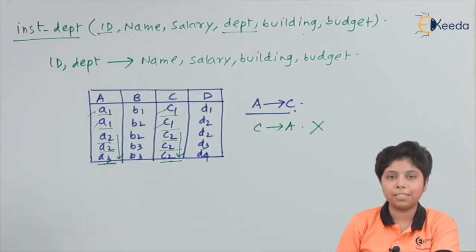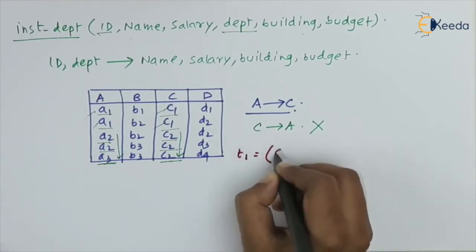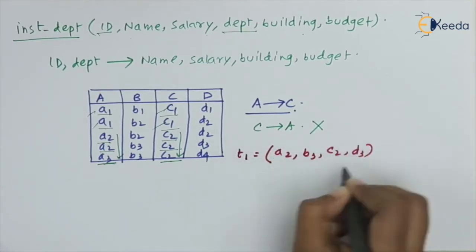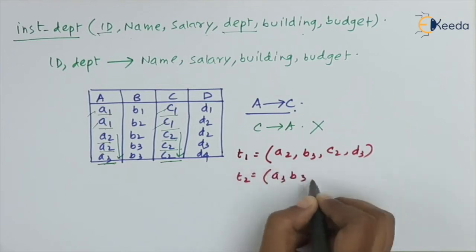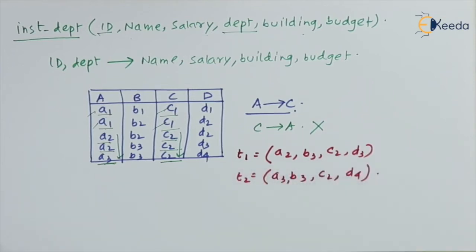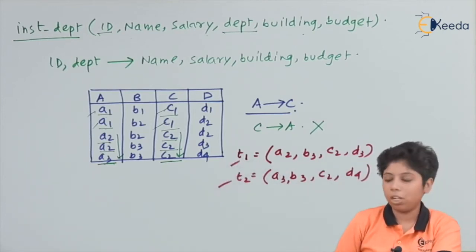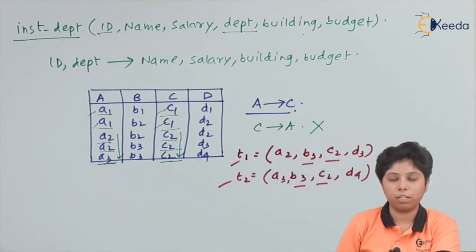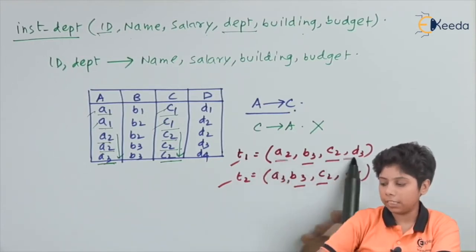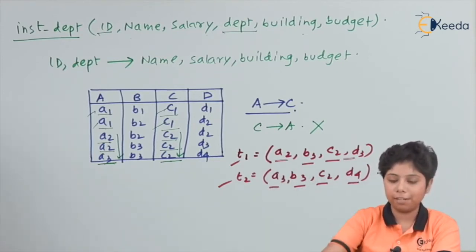As for B and D, we can look. Now in these two tuples T1 and T2, if we look at the B and C values, they have the same ones. But for the A and D values, we got different ones.